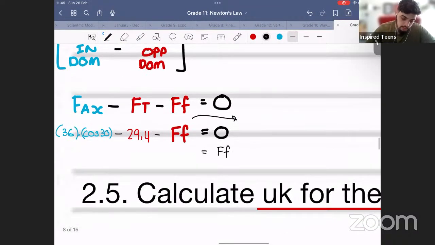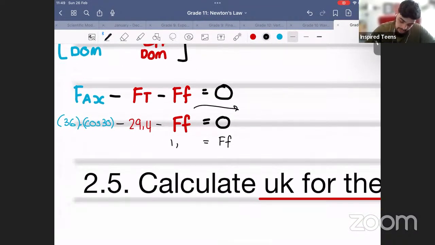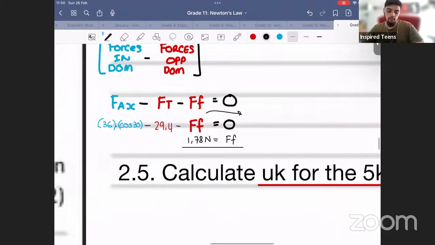When I do this calculation, I get 1.78 newtons. So frictional force has been solved as 1.78 newtons.